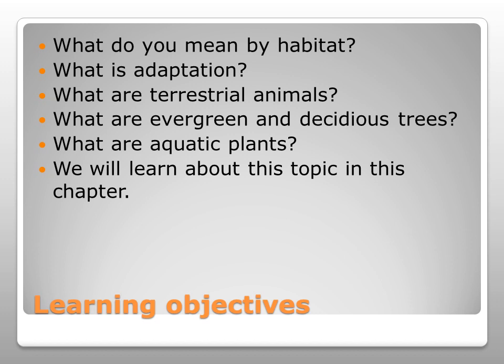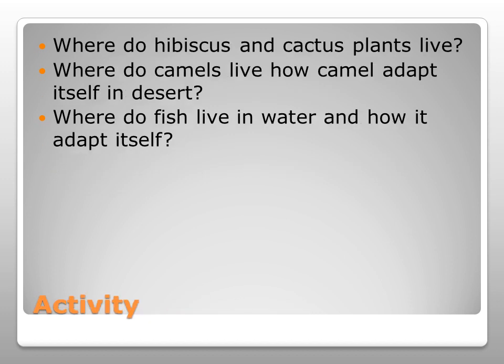First we are going to learn what we mean by the term habitat, what is adaptation, what are terrestrial animals, what are evergreen and deciduous forests or trees, and what are aquatic plants. These are the topics we are going to learn in this chapter. So let's begin the class today.